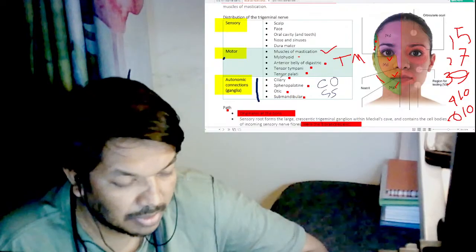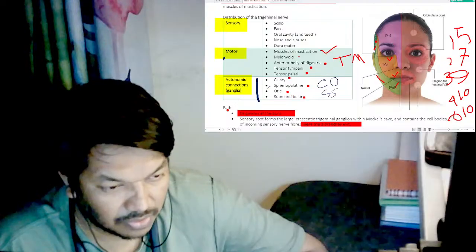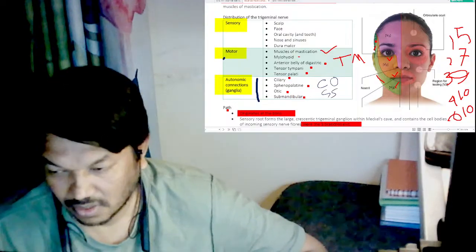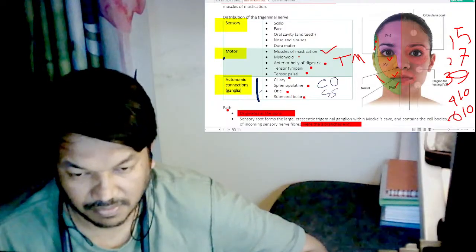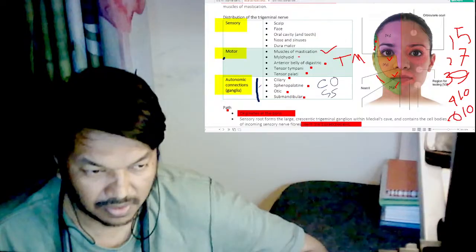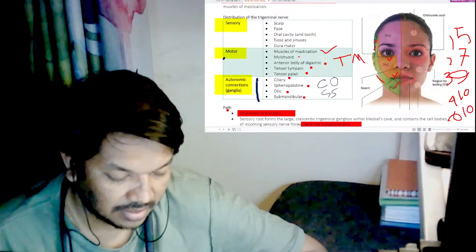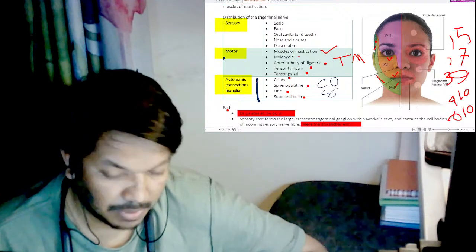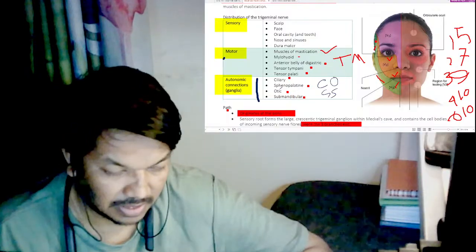Their action depends on which ganglia. If it is the submandibular, it regulates secretion of the salivary gland. If it is the ciliary muscle, it regulates pupillary size, sometimes constricting it.